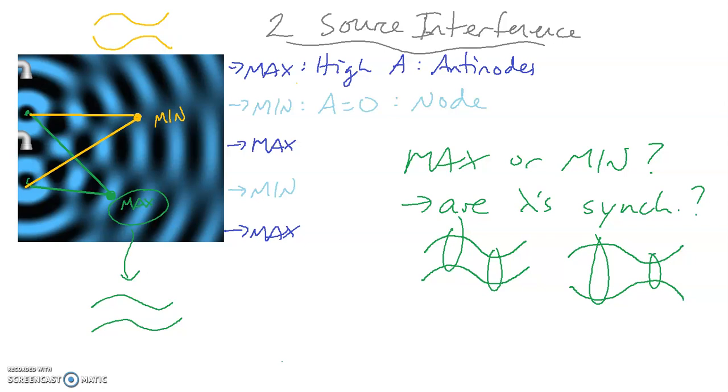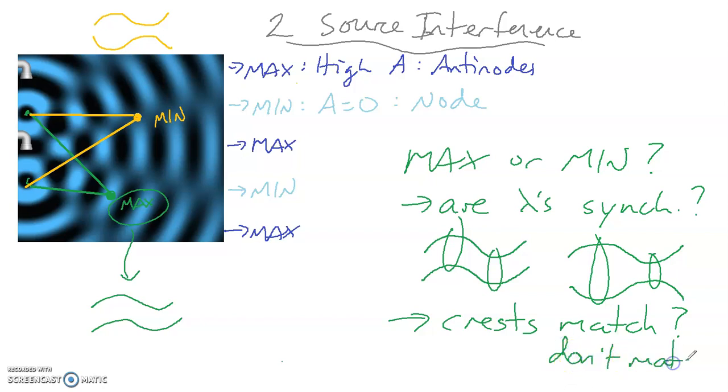What you want to know is, do the crests match up? Are the crests matching? Because that would give you a maximum. Or do they not match? That's what we're looking at.